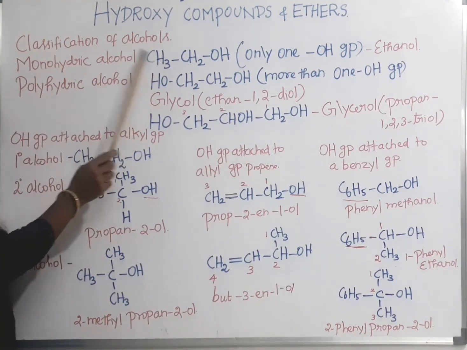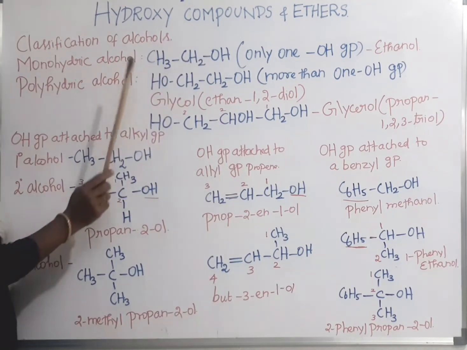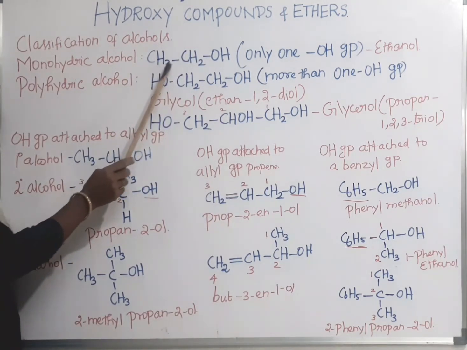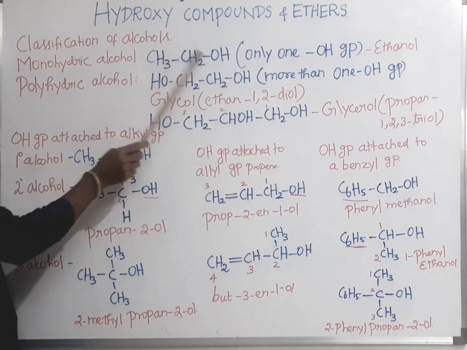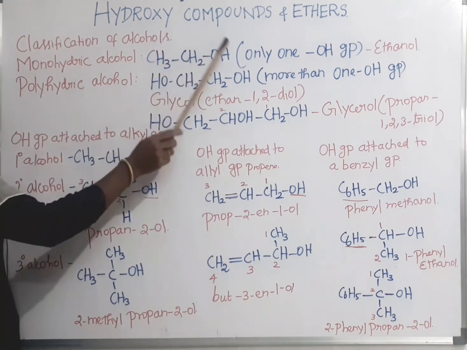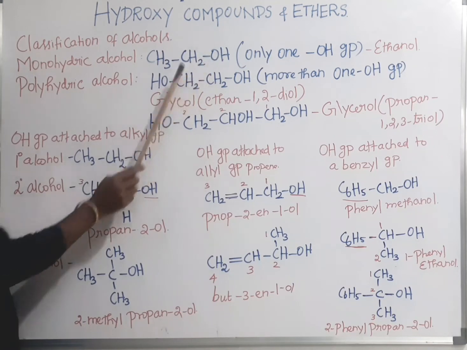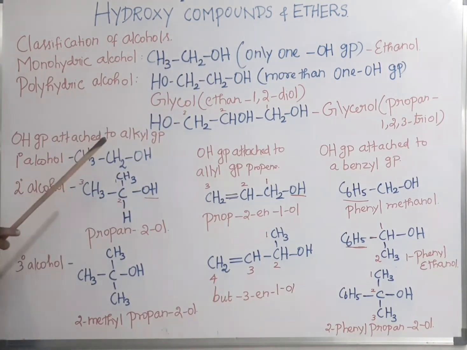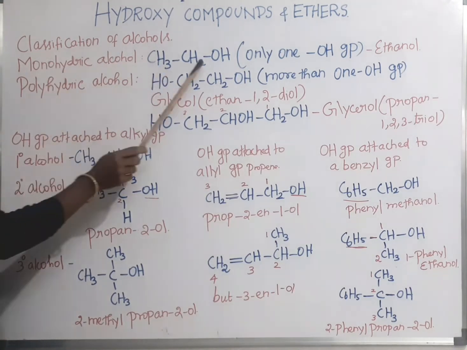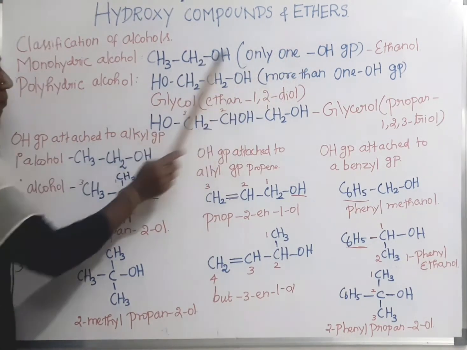The example for monohydric alcohol is ethanol. The formula for ethanol is CH3CH2OH, that is C2H5OH. It contains only one hydroxy group, OH group, so it is monohydric alcohol. Mono means a single one. Only one OH group is present in this.